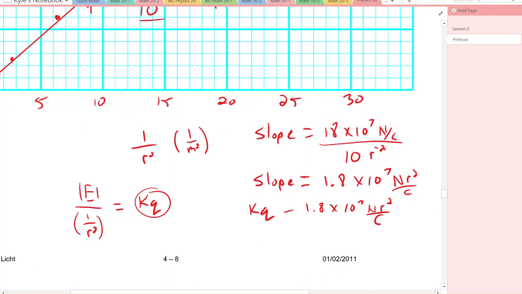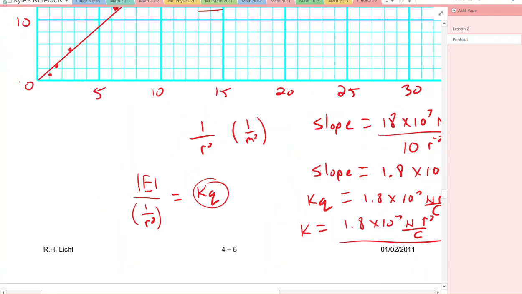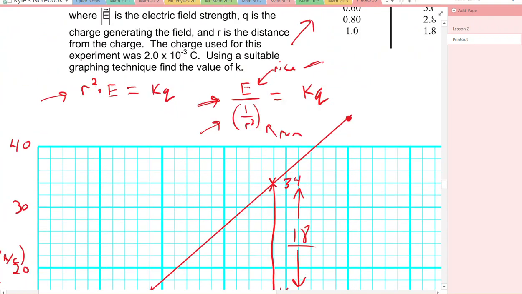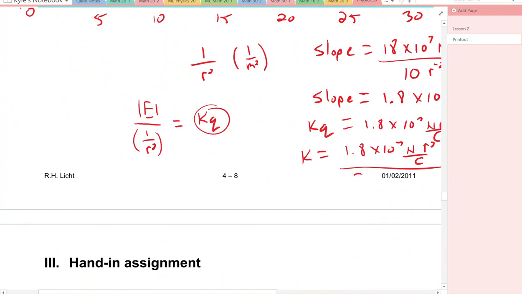Now I want to find K, so the last thing I have to do is divide by my charge. K is equal to 1.8 times 10 to the 7 newtons times r squared over coulombs, divided by the charge it gave us at the beginning, 2 times 10 to the negative 3 coulombs.